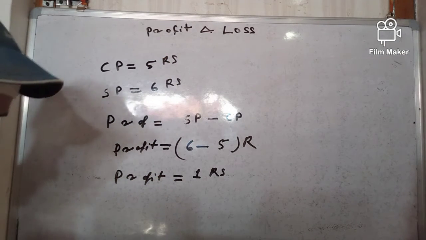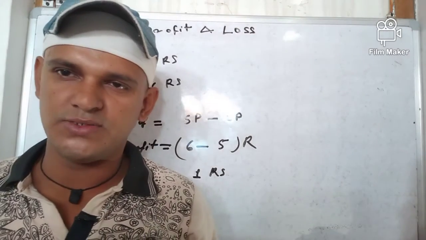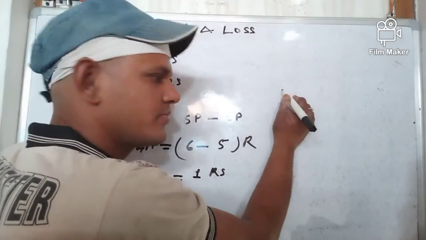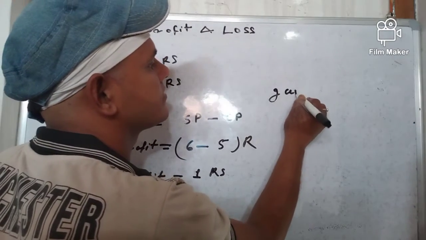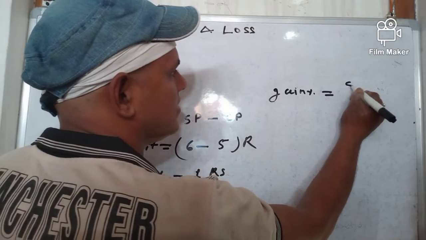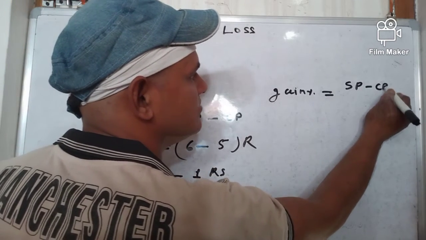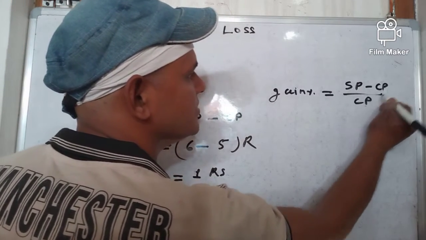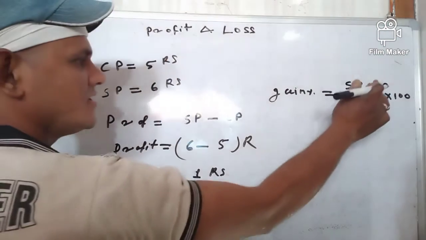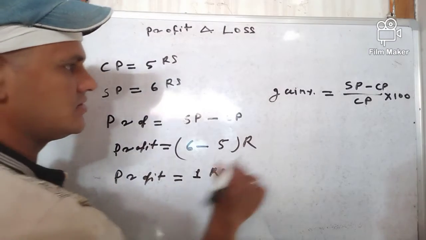Our target is to find the gain percent. So what is gain percent? Gain percent equals SP minus CP by CP into 100. SP minus CP comes to 1.